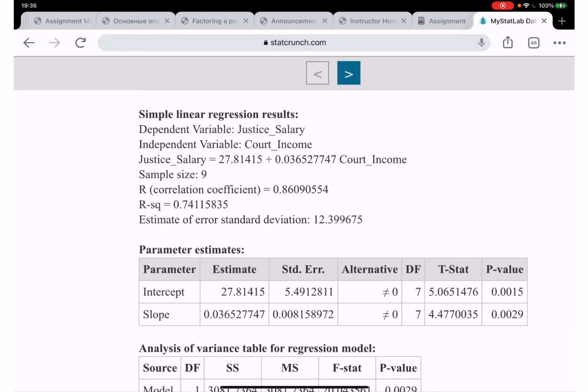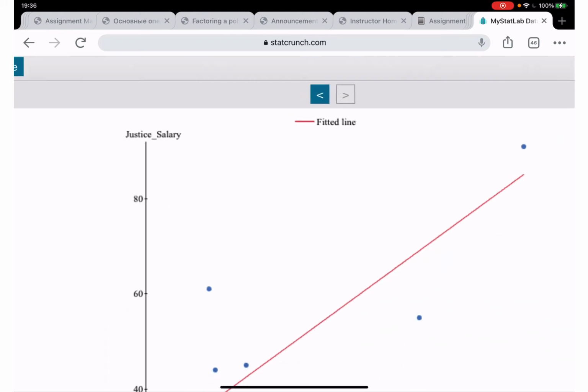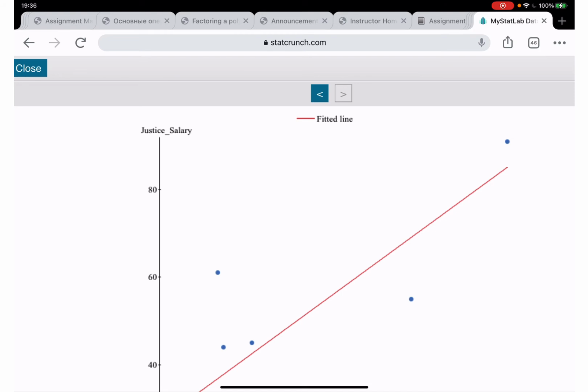I'll round it up if it wants two decimals, and p-value 0.0029. Okay, and our fitted line is okay.